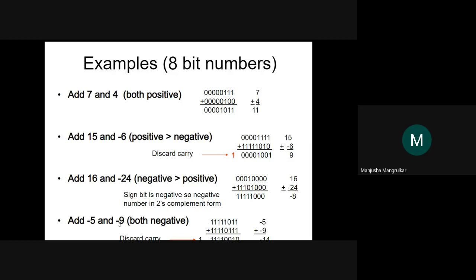What result will we get? Again we'll get the 2's complement of 14. That result is a negative result. So this is the way; there is no subtraction in the computer system. The negative number is converted into 2's complement, and that is added with the positive number.